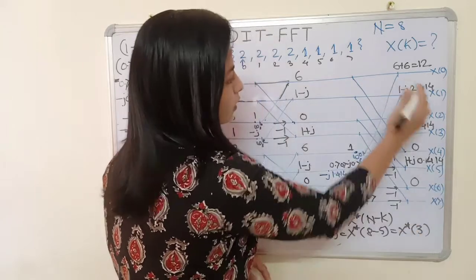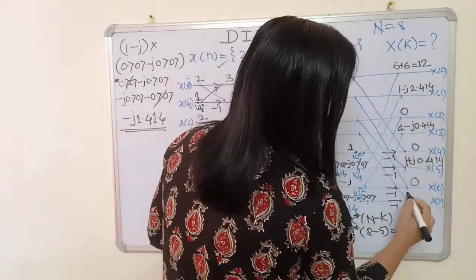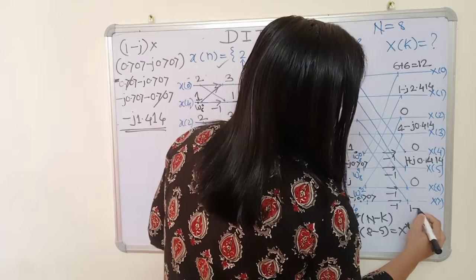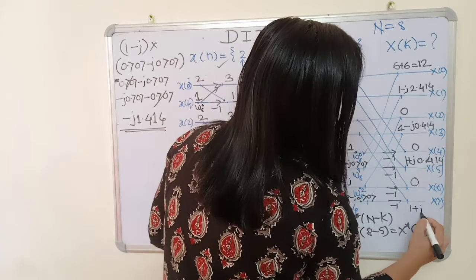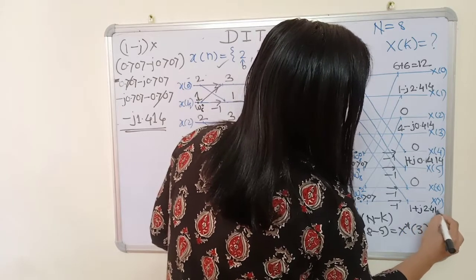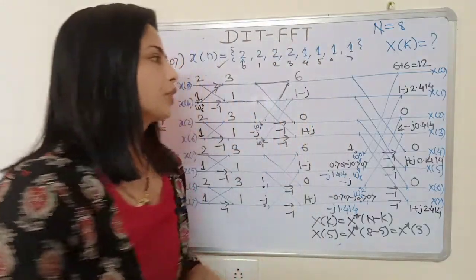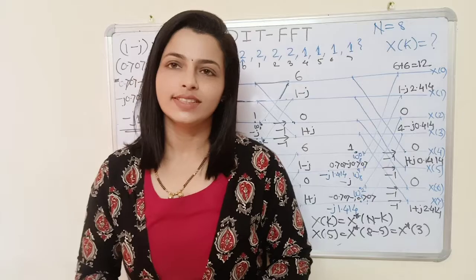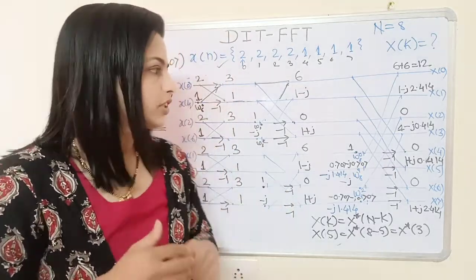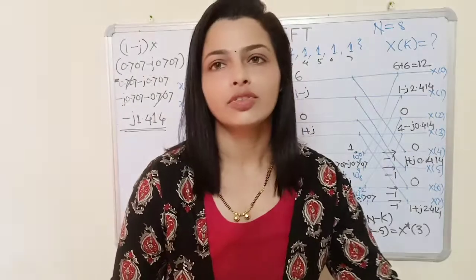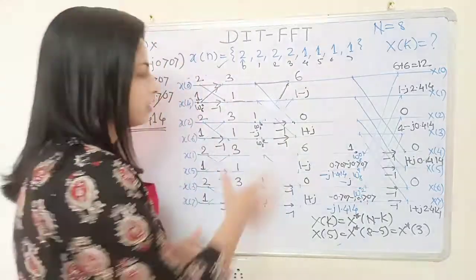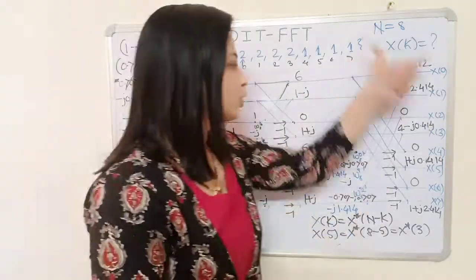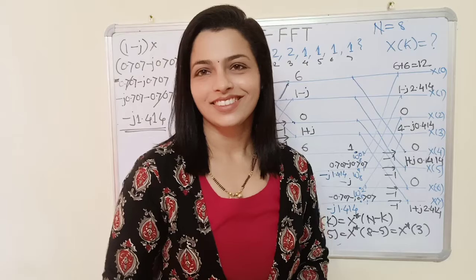X star of 1, this is x of 1, so you can write 1 plus j 2.414. Okay, so this is how these calculations can be made so easy. So just with a little bit of care while making the calculations, you can reach the correct answer. Thank you.